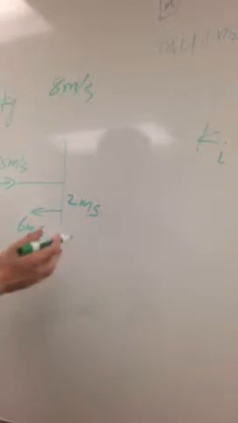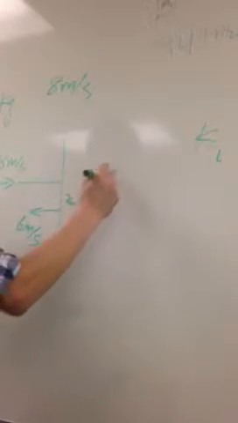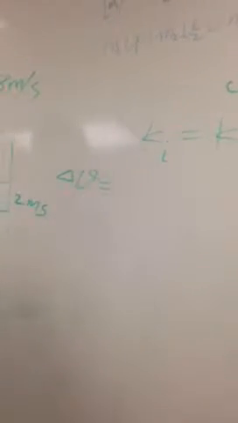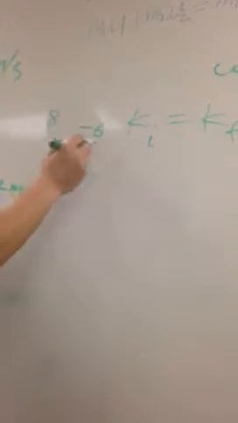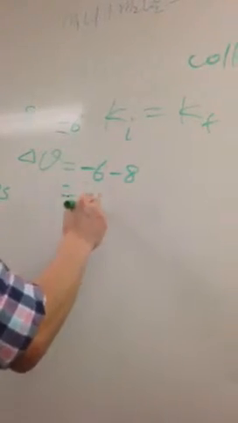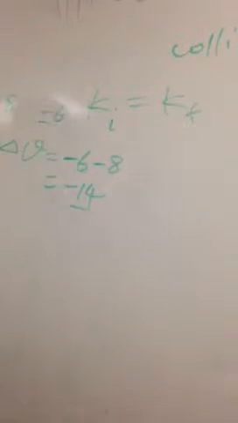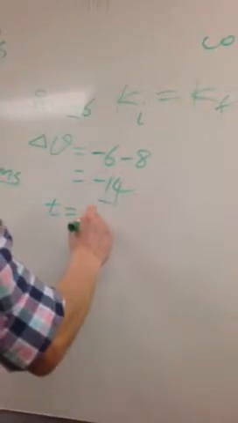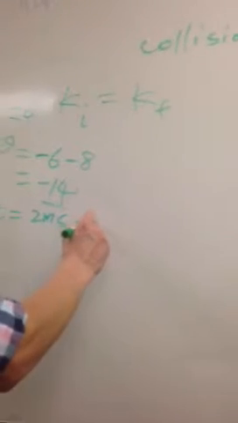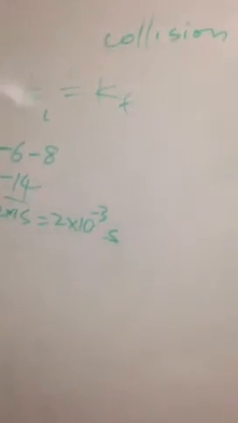There are different ways to do it. My way is, we can see the change in velocity, right? It is from 8 to -6. The change is 14, the velocity change. And the time we know is 2 milliseconds, which is 2 times 10 to the -3 seconds.